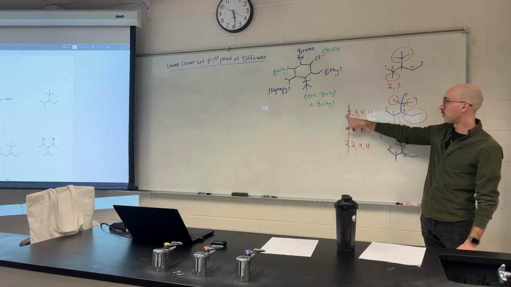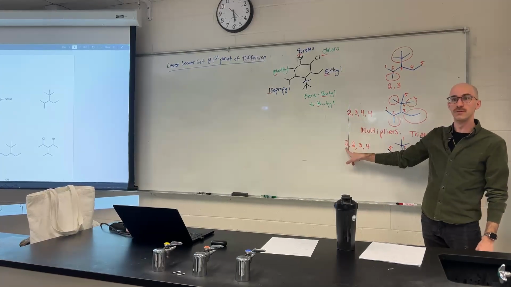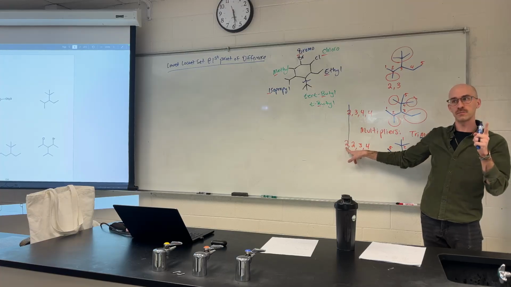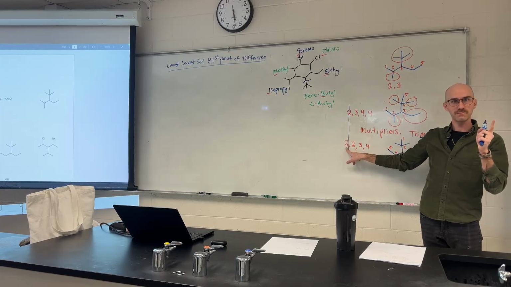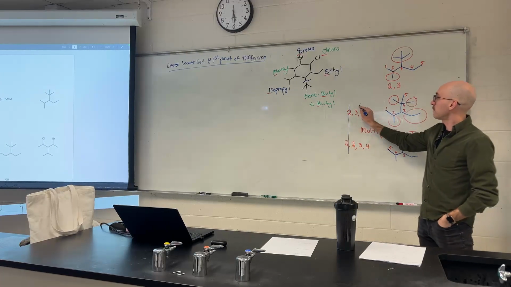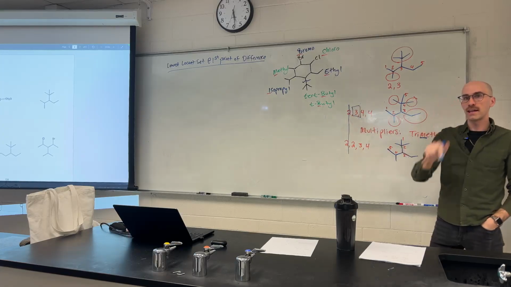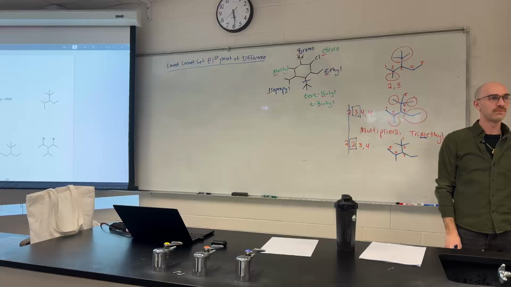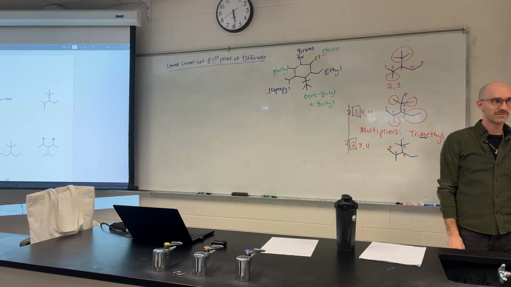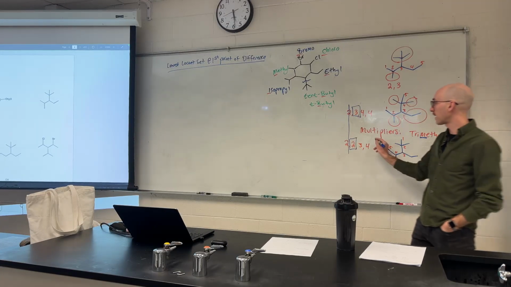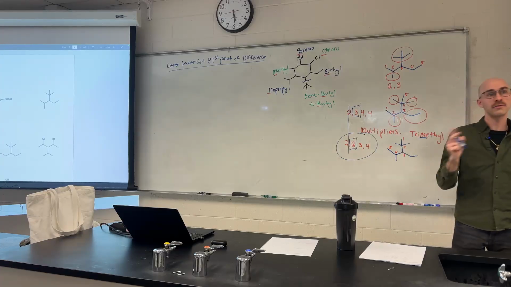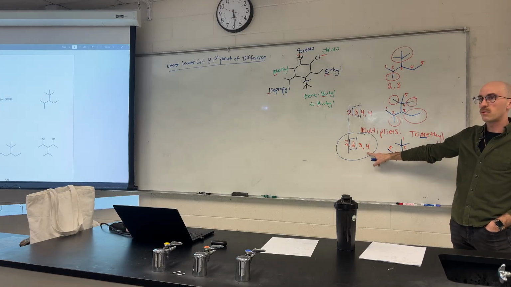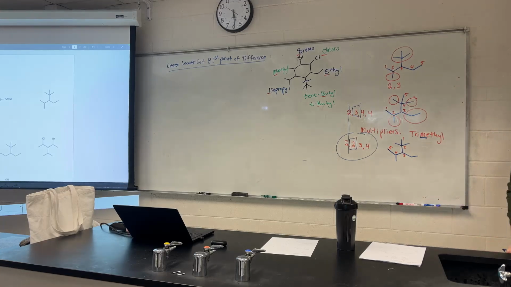I have a locant at 2 or a locant at 2. The locant sets are not different at this first point. Do you agree? At my second point, I can either have a locant at 3 or I can have a second locant at 2. What's lower? 2. So the correct locant set, the correct way to number this compound, is to number it with locants 2, 2, 3, and 4.